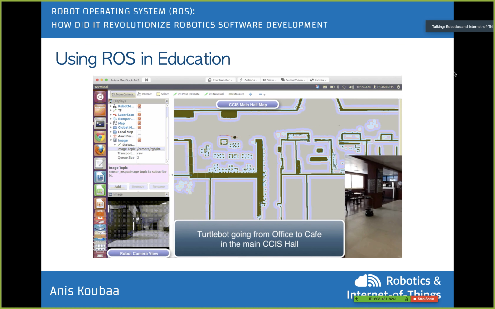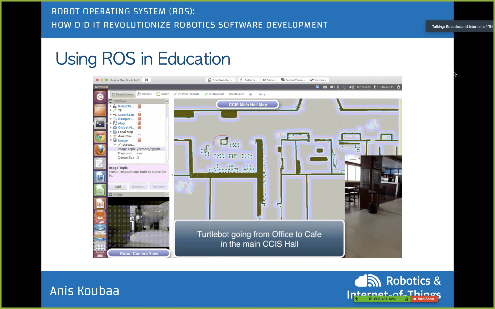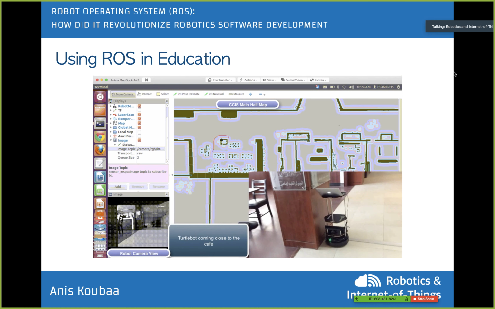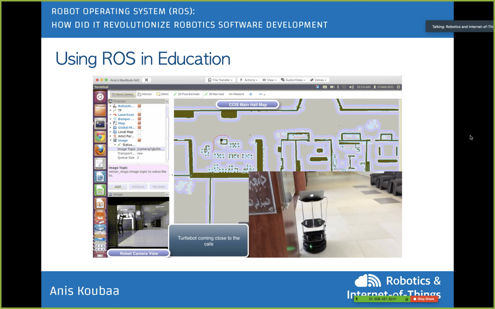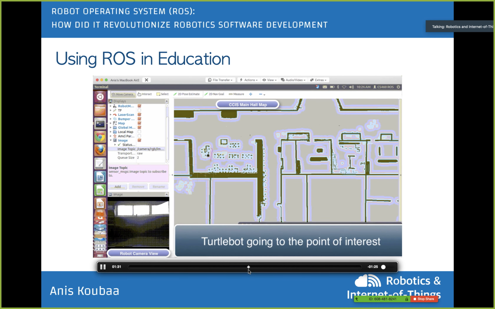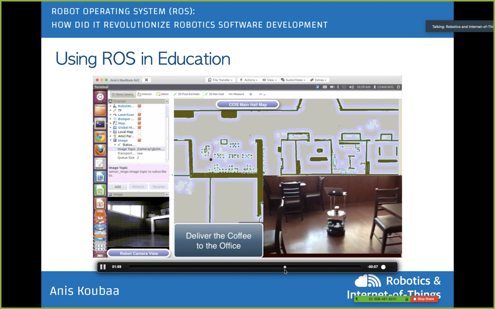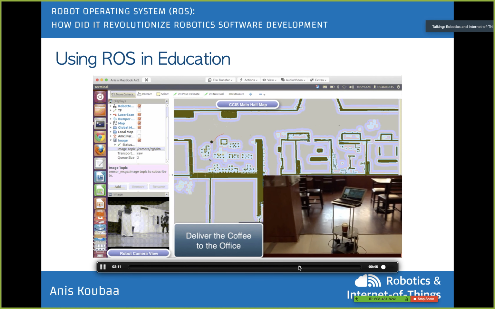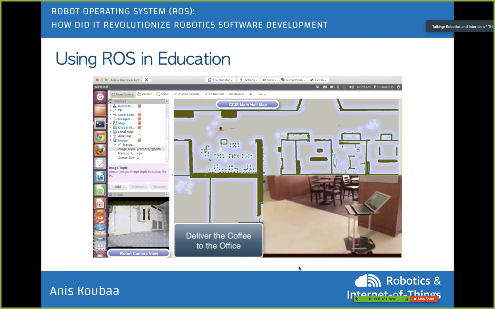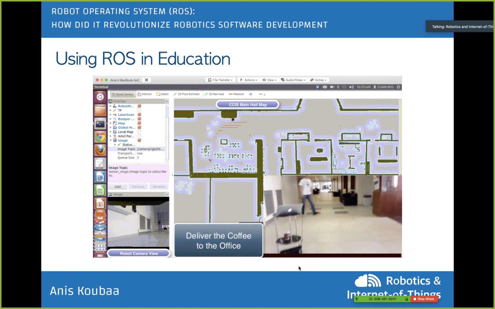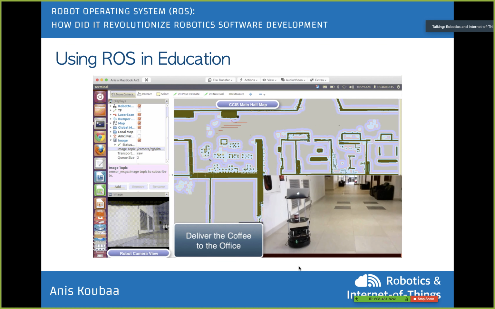This is one application developed by the students for the Turtlebot 2 robot, for example, to go to the cafe, bring a coffee, and bring it back to the office here. This actually allows students, even from different backgrounds, with a software engineering background, to learn about robotics and to develop their own applications quite easily.